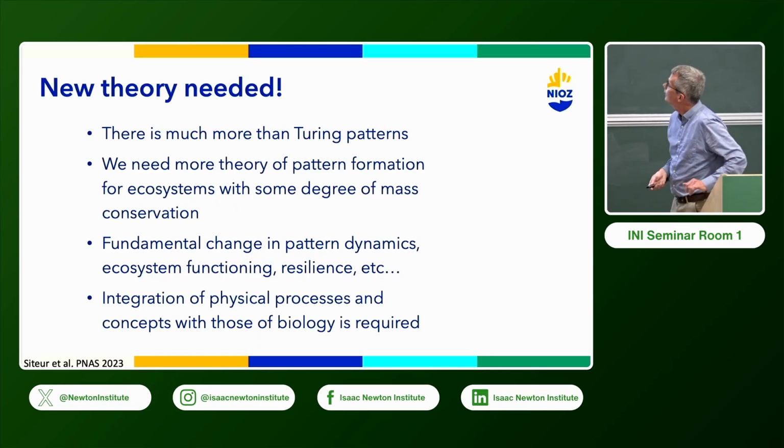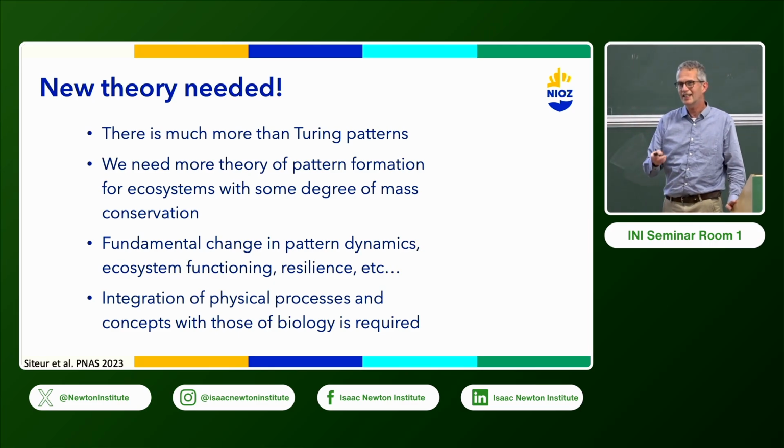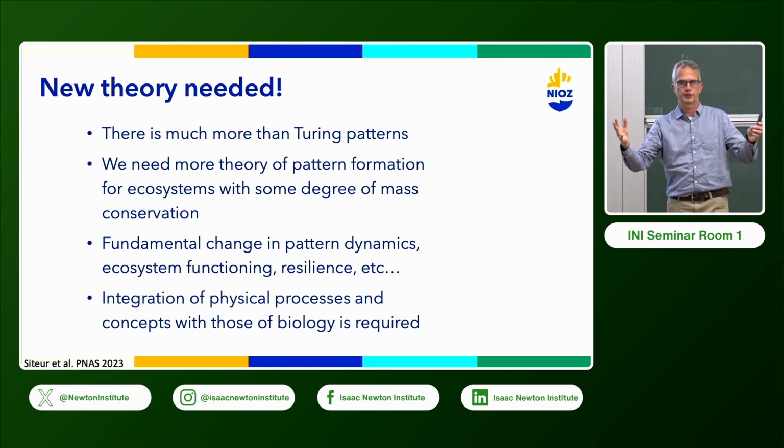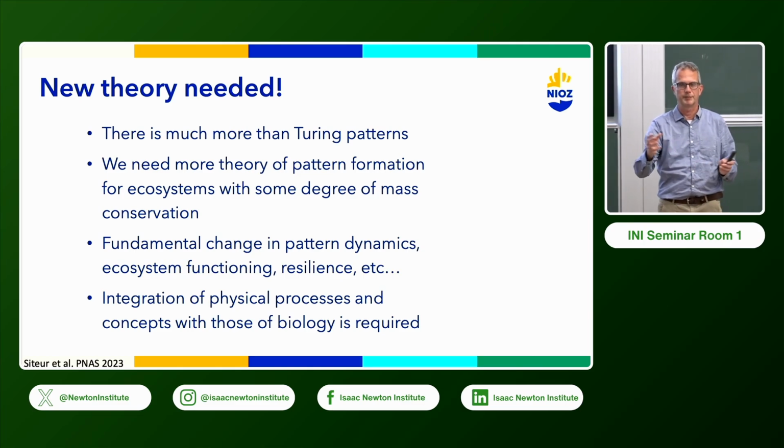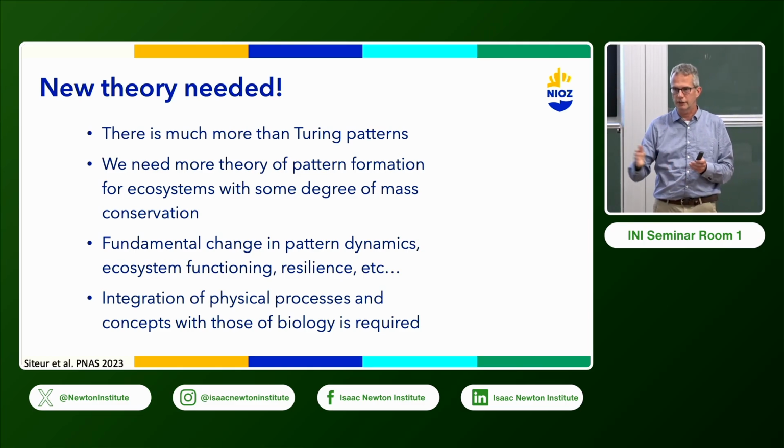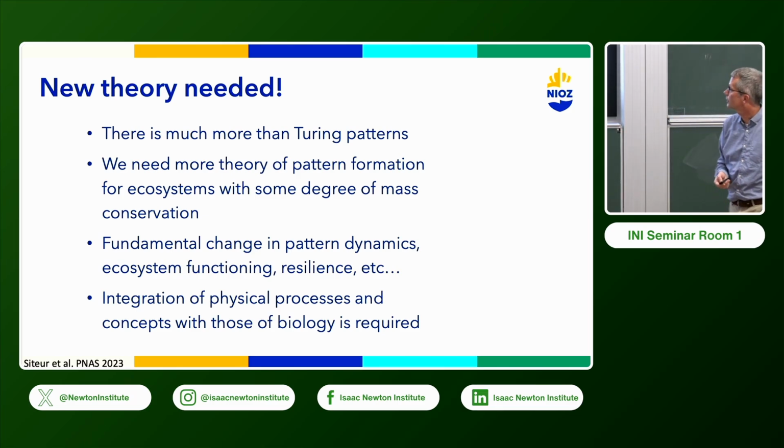As a summary, there's much more than Turing patterns. That's actually what I want to say to you. You know that, of course, but ecologists don't know that so much. So we need more theory about pattern formation for ecosystems and some degree of mass conservation. The "some degree" is actually very interesting because there is no ecosystem with perfect mass conservation. It's always an approximation. You can approach that by assuming that the total amount of a specific resource is increasing, which is basically changing the cover of your system.